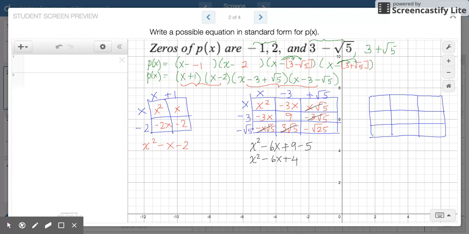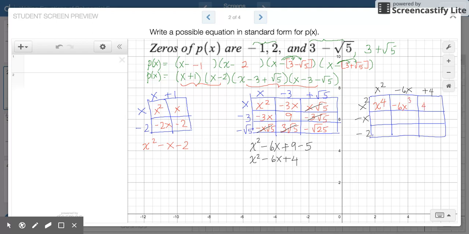Okay, so here we can put x squared minus 6x plus 4, and here we'll have x squared minus x minus 2. So now let's multiply. We'll have x squared times x squared is x to the 4th. This is negative 6x cubed.